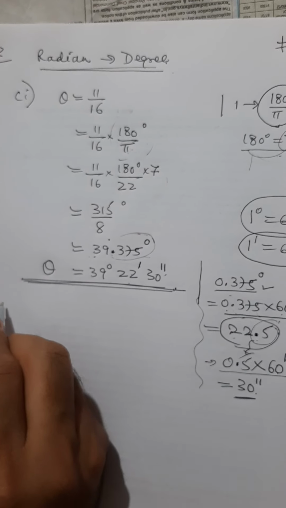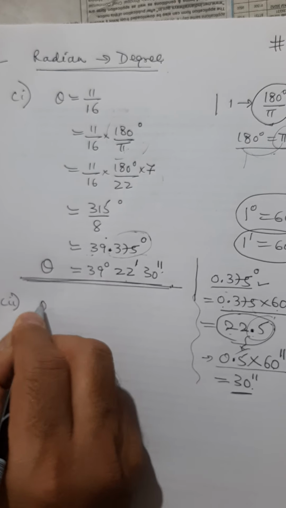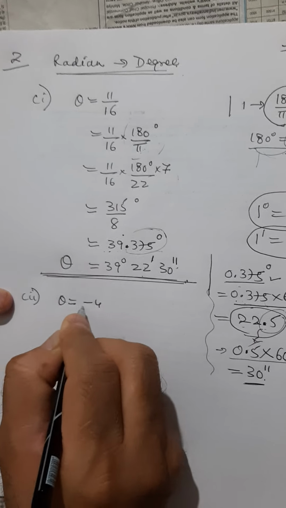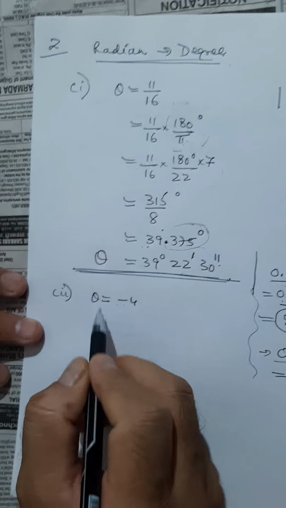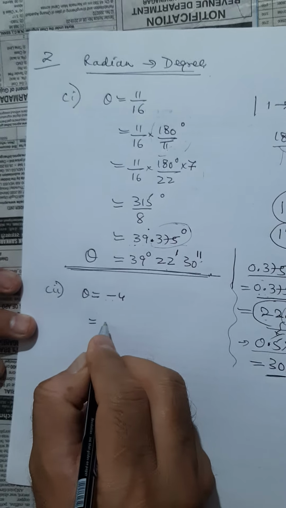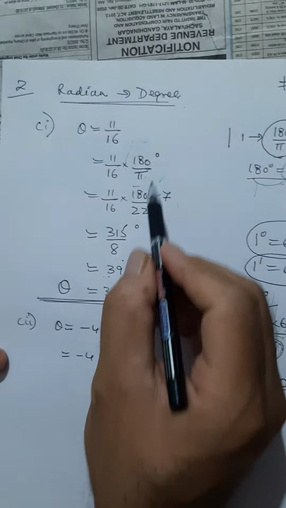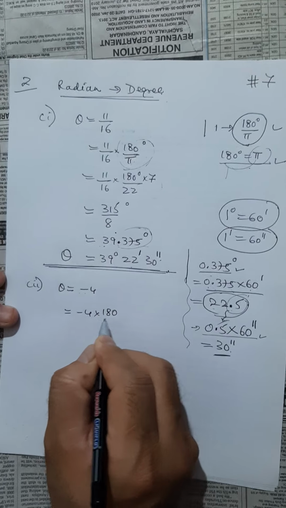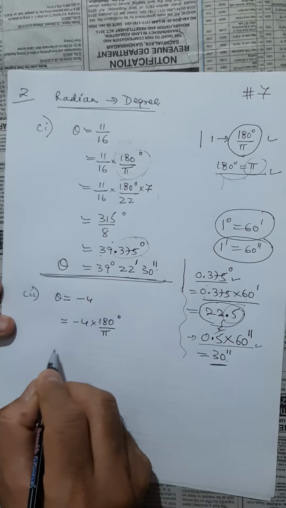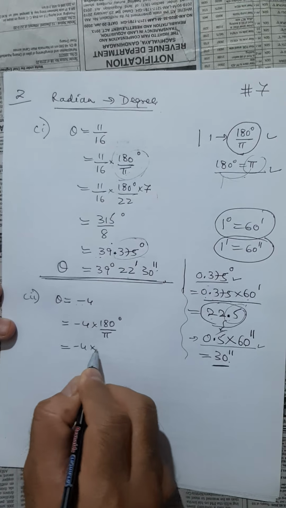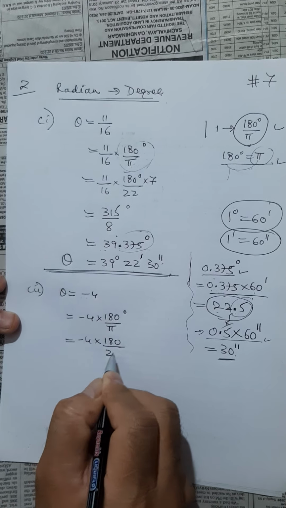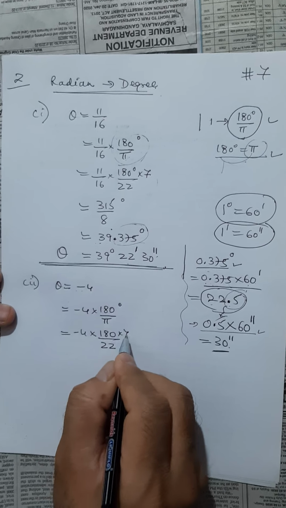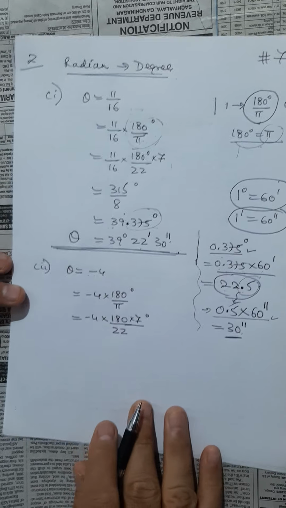I'll do one more. You will realize theta equals -4. Minus sign just indicates that you are moving clockwise. So you have 4 into this factor, which is 180 degree by pi. Now put the value of pi. Usually we put 22 by 7. This will be in degree.